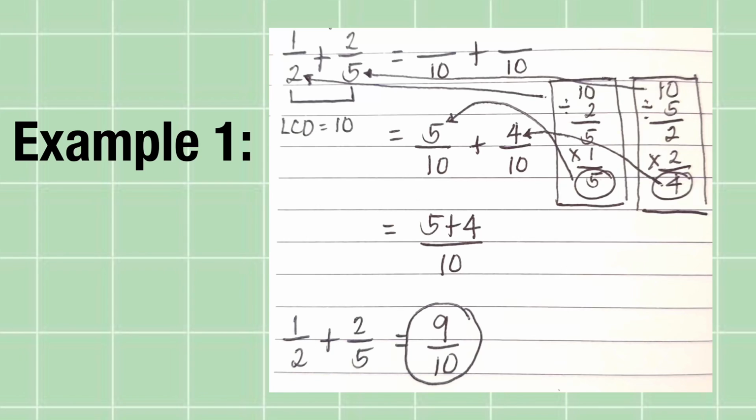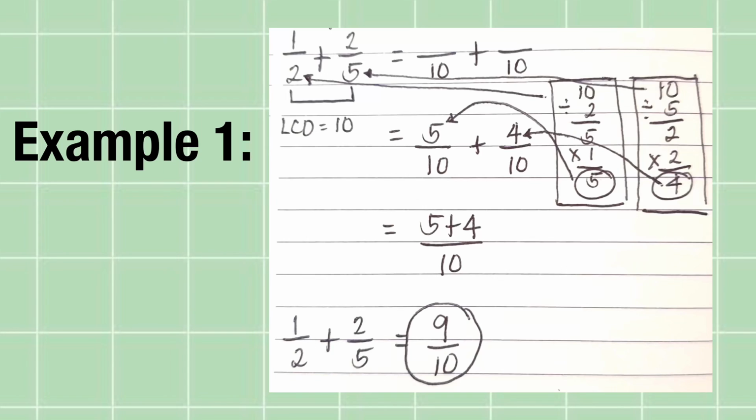Add 1/2 plus 2/5. First, get the least common denominator of 2 and 5. And that would be 10. Very good. Next, let's get the equivalent fraction using this denominator of 10. So, let's begin. 10 divided by 2 equals 5, times 1 equals 5.